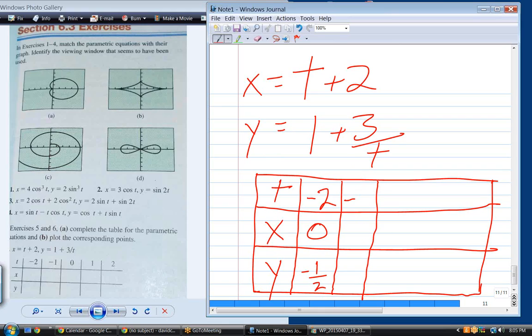When t is minus 1, what is x? And what's y? That'd be negative 2. Next column is when t is 0. What is x? 2. What's y?